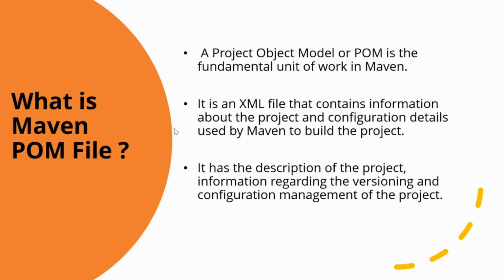It has the description of the project, information regarding the versioning and configuration management of the project. Always remember the XML file is in the project home directory. When we tend to execute a task, Maven always searches for the POM in the current directory.